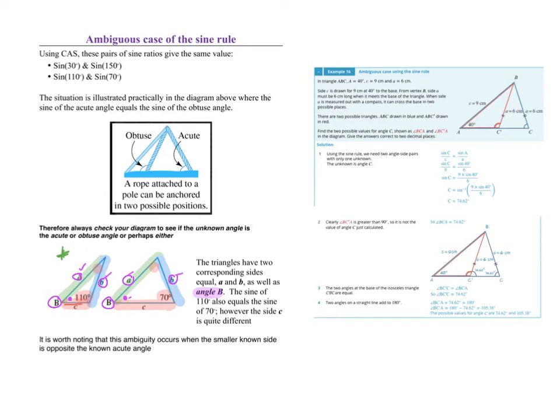So the way you find the two possible answers is you can still do nSolve. So say we do nSolve here, and we'd have a over sine A equals b over sine B. And if you look at it, what we were trying to find out is actually angle A there.